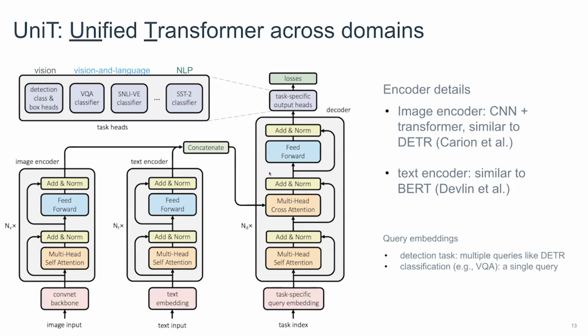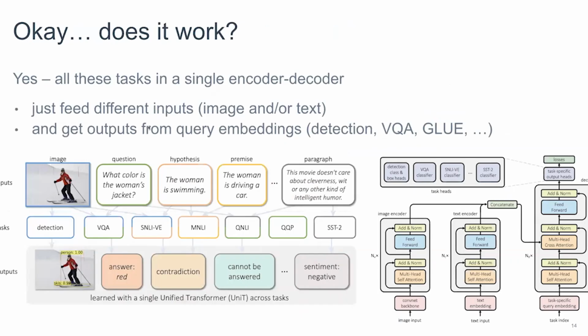We call this model UniT. We hope that by training this model end-to-end on multiple tasks, we will be able to handle all tasks within one single model. So we train this model jointly on all of the tasks that we care about, whether it's object detection, any other sort of NLP task, or the VQA task. But in practice, does it work?